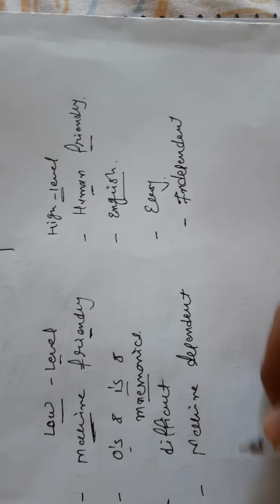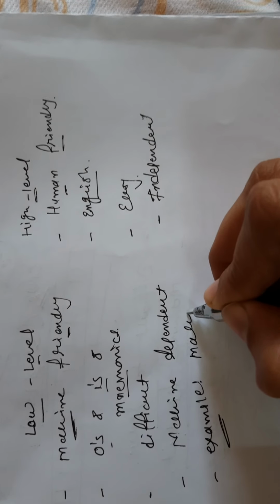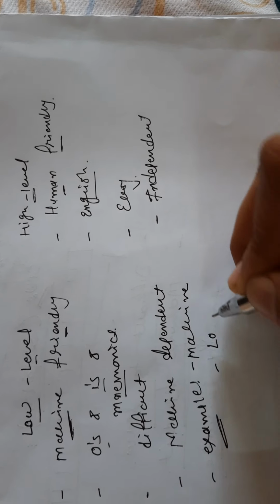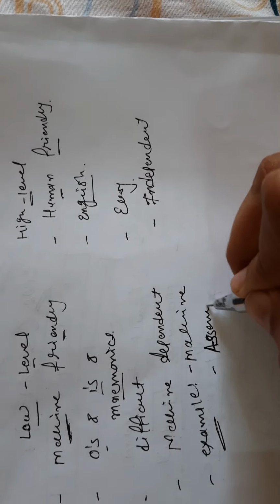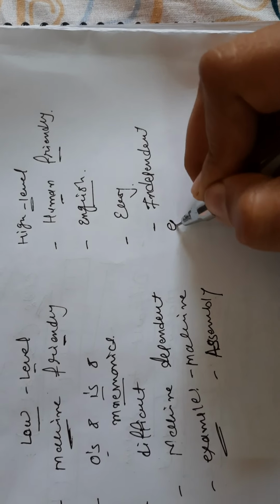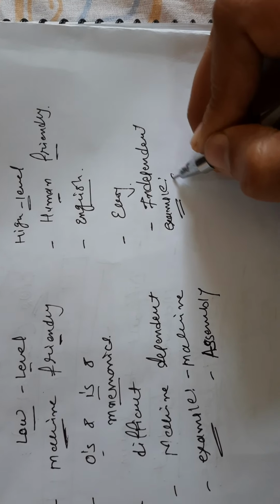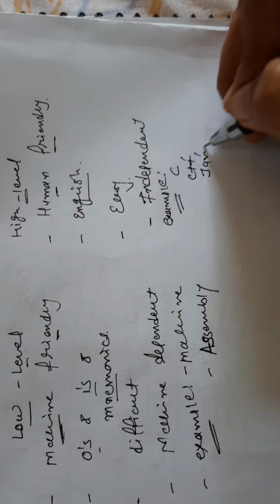Now the examples of low level language are machine language and assembly language. The examples of high level language are C, C++, Java.